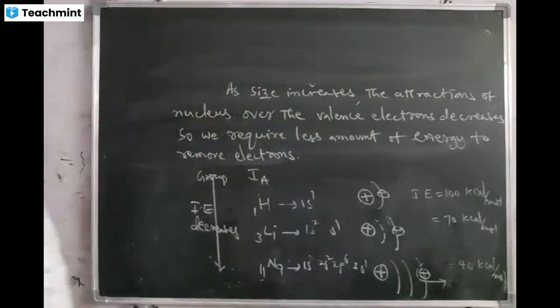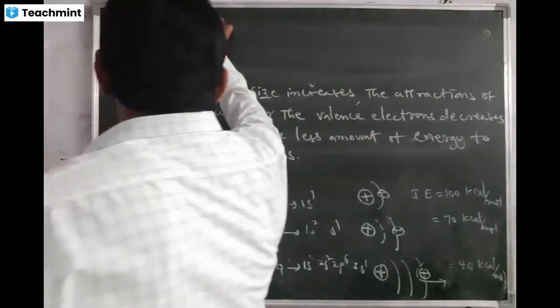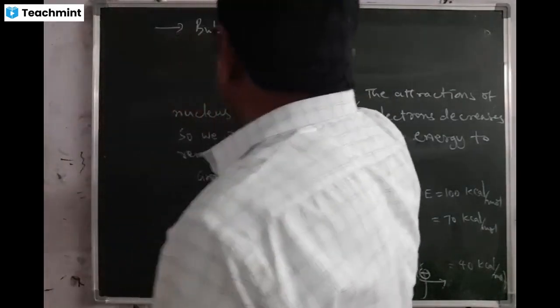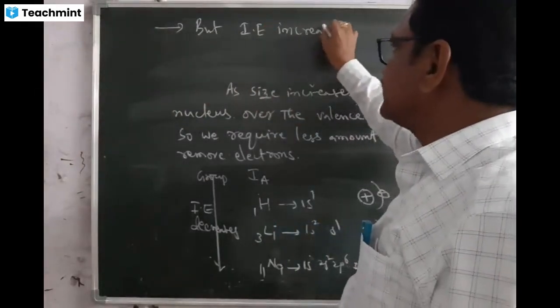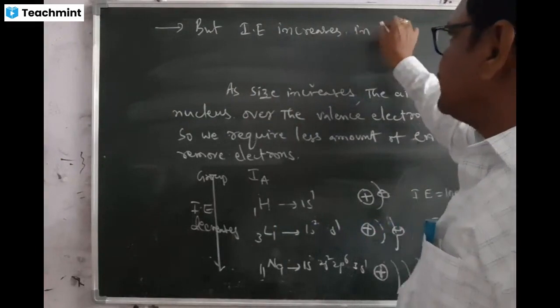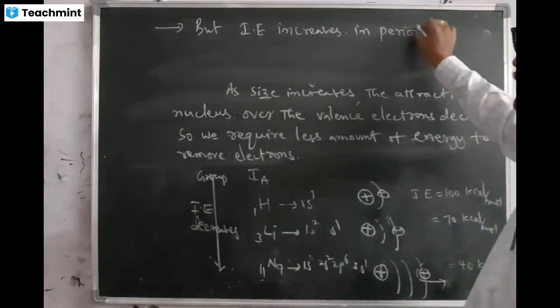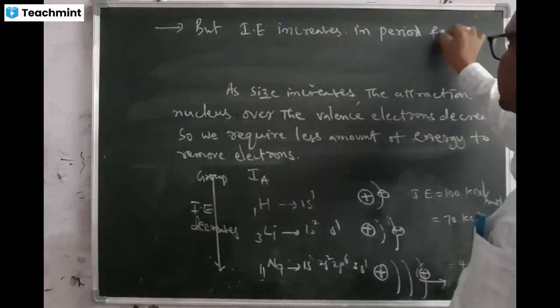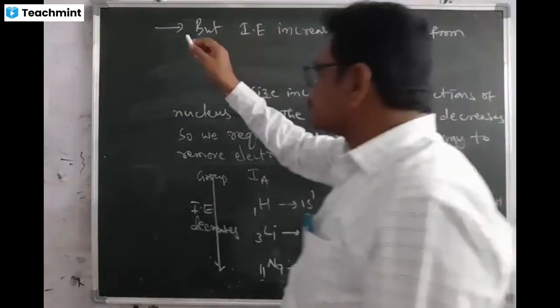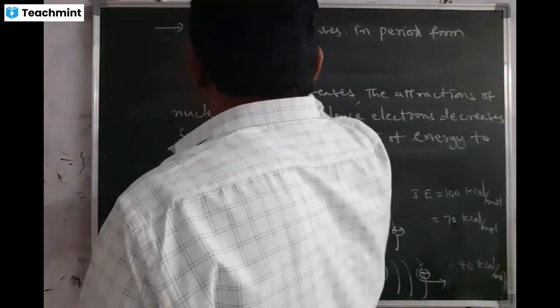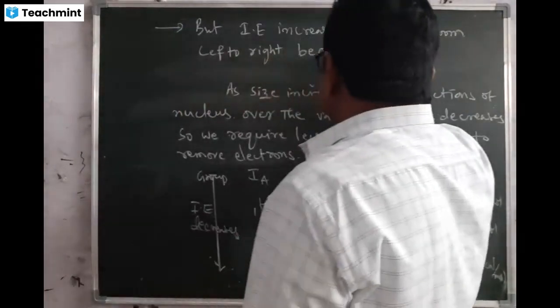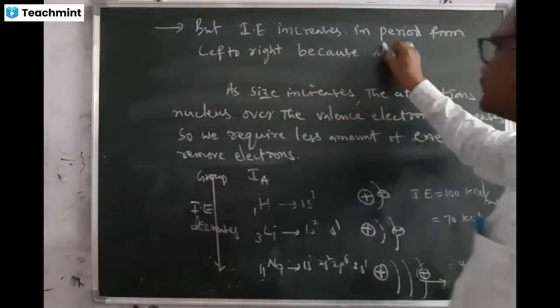We studied ionization energy in group, but what about in period? Ionization energy, IE, increases in period from left to right because atomic size decreases.